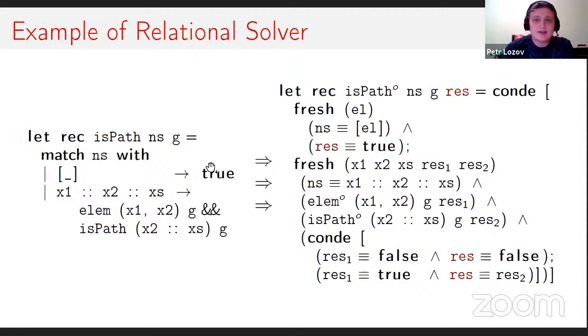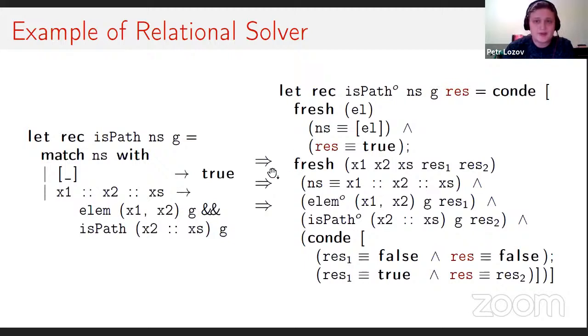As an example, let's consider the problem of searching a path in a graph. Instead of explicitly solving this problem, we implement a verifier of whether the path belongs to a graph. The relational version of the verifier has an additional argument corresponding to the result of the original function.